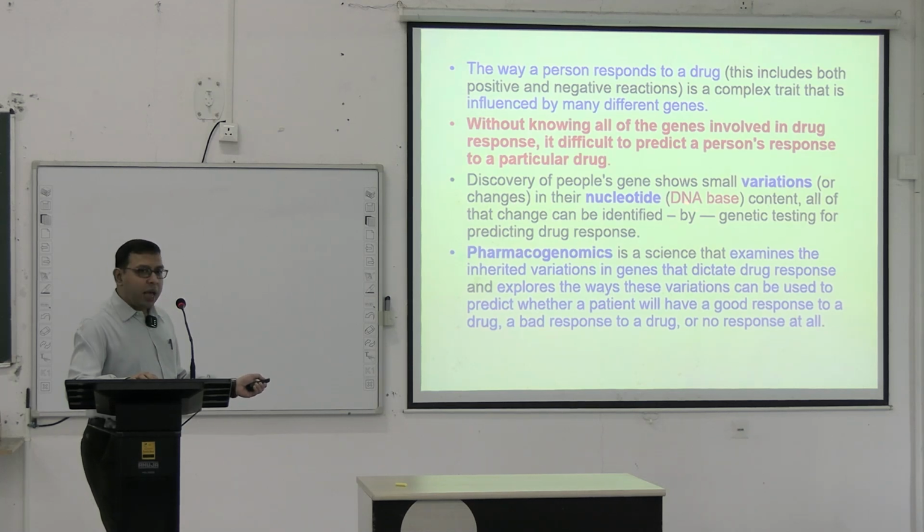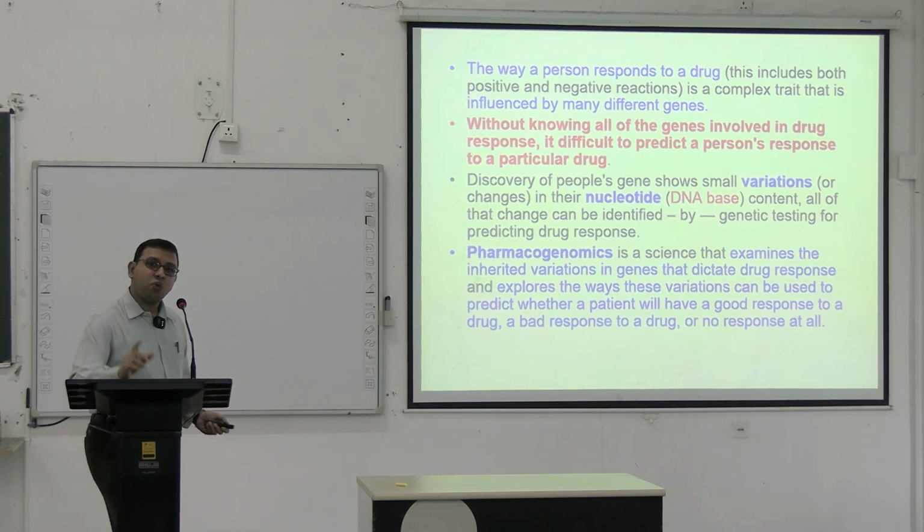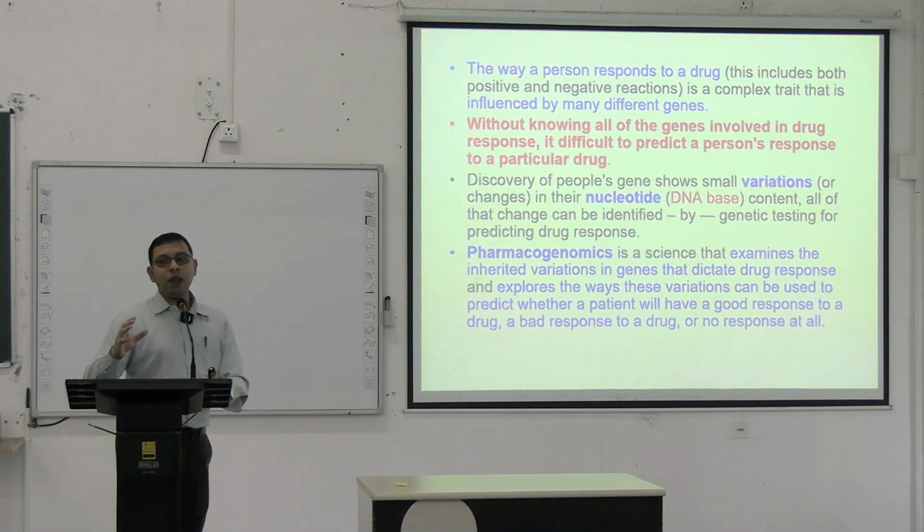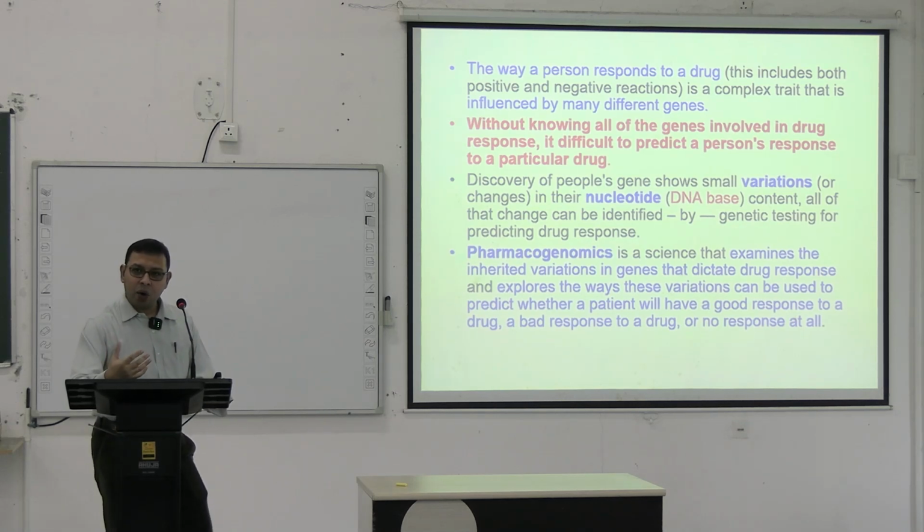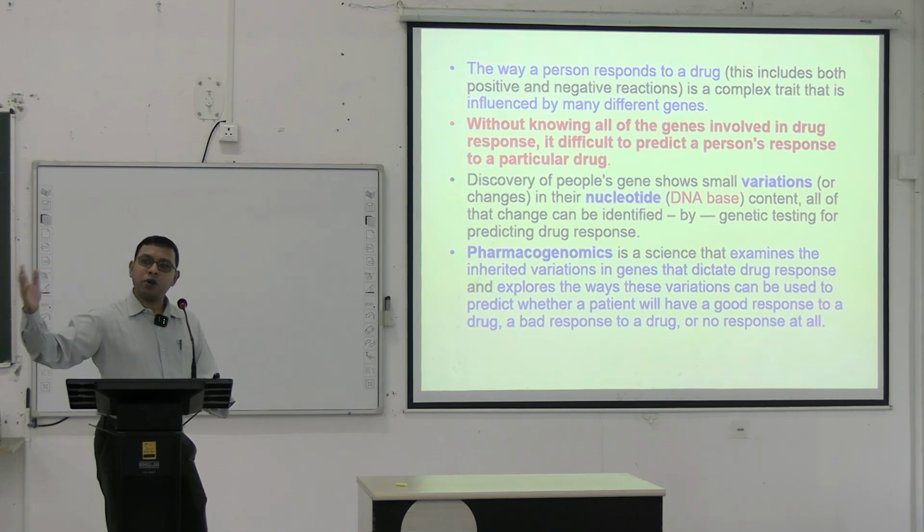Newer techniques are now available, like the DNA microarray technique, where variations in the nucleotide sequence can be captured, and beforehand we can predict whether one drug can be beneficial for one person or can give an adverse effect to another person.